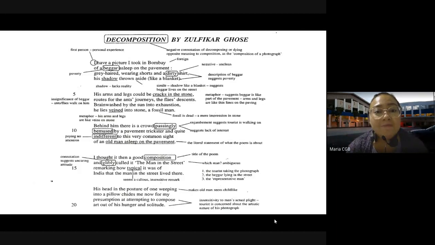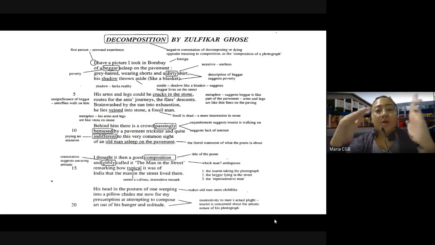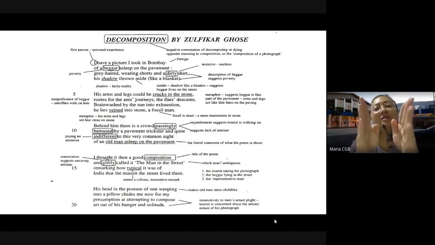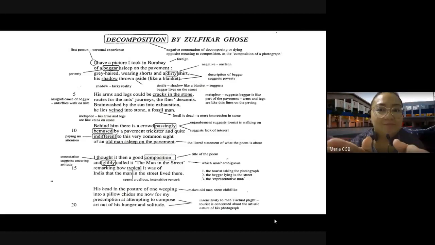And then the second meaning of decomposition is related to photography. Whenever you want to take a nice photo, people say, okay, make sure the composition is good. So I'm not sure whether you know this, this idea of the rule of thirds. Okay, just Google it. Basically, if you want to take a picture, make sure your subject is at the side, not at the center.